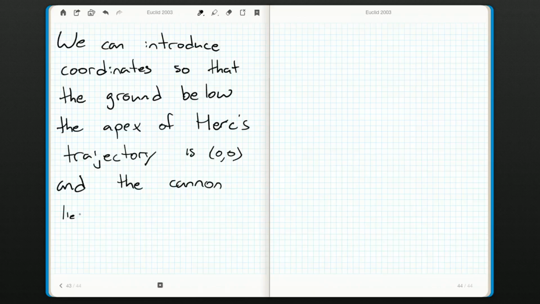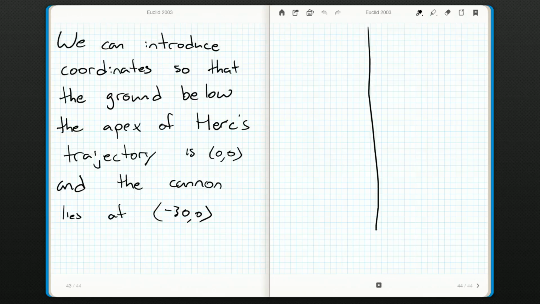And the cannon lies at negative 30, 0. So our x-axis is exactly the line they gave us in the middle. The apex here is 0, 100. The cannon fires here at negative 30, 0.